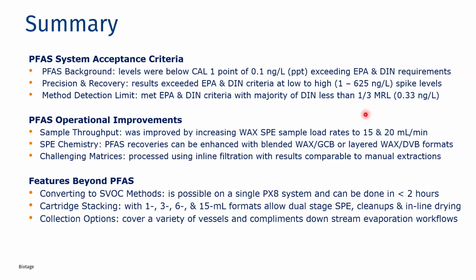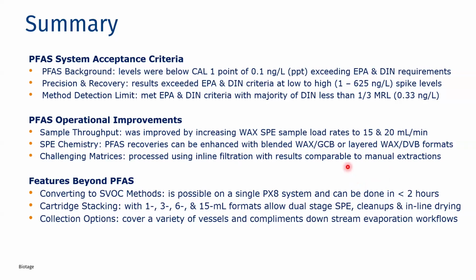For the PFAS operational improvements, we found that it is possible, although you'll probably want to test it in your lab and make sure, because it might vary with spike levels, but it is possible to improve your throughput by increasing the sample load rates. We found that maybe 15 and 20 mils are good spots to start in terms of sample load rate.